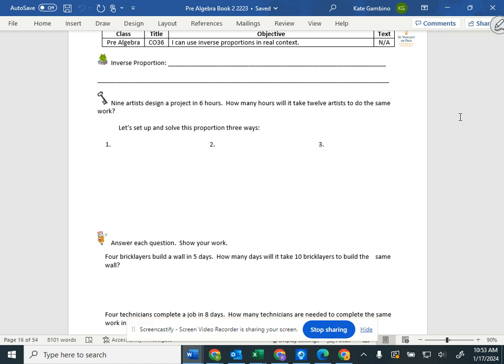So an inverse proportion is when one value increases, the other value... Any guesses? Decreases. Usually with proportions, when one side goes up, the other side goes up. You're multiplying both sides by 5.